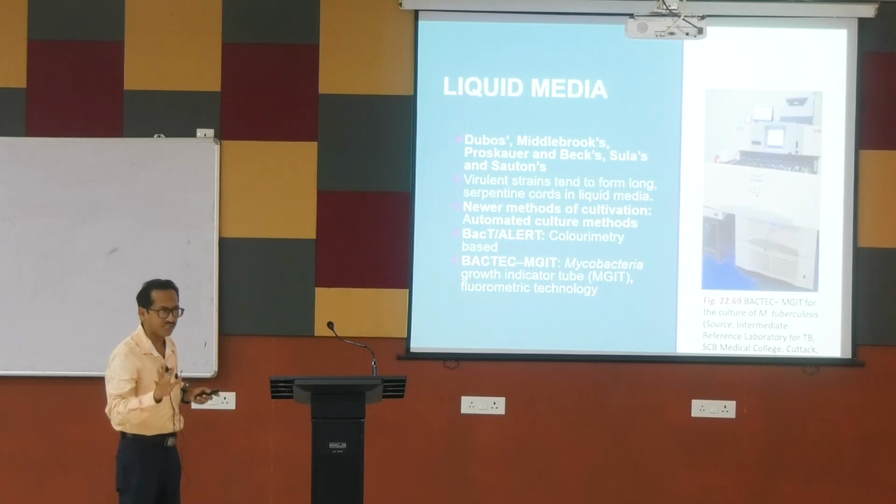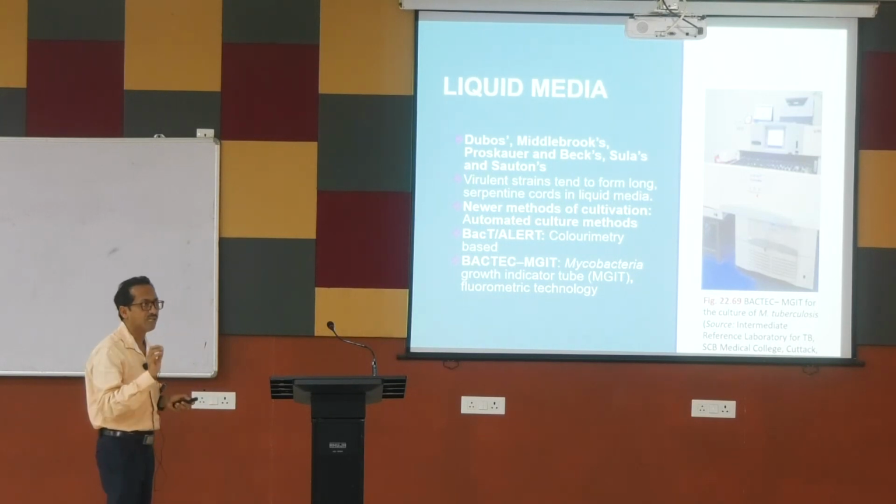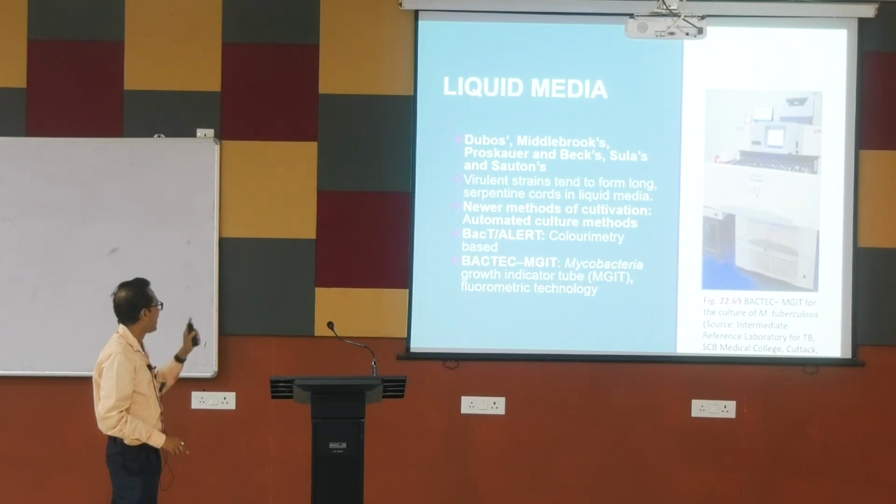It is sometimes asked in the exam or oral, what are the liquid media used for Mycobacterium tuberculosis? Name newer methods: automated culture methods, BACTEC or BacT/ALERT colorimetry based, and BACTEC MGIT, Mycobacterium Growth Indicator Tube, that uses fluorescence, fluorometric technology.